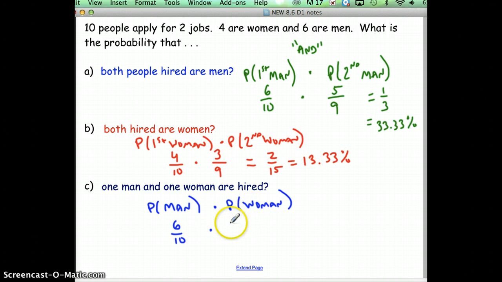Probability of choosing a woman, there's 4 women out of, be careful, it's not 10. This person's already been chosen, so there's only 9 people left. Okay, but now to account for the fact that I could have done a woman first and a man second, let's multiply that by 2 for the different arrangements that we could have had. And we get 53.33%.